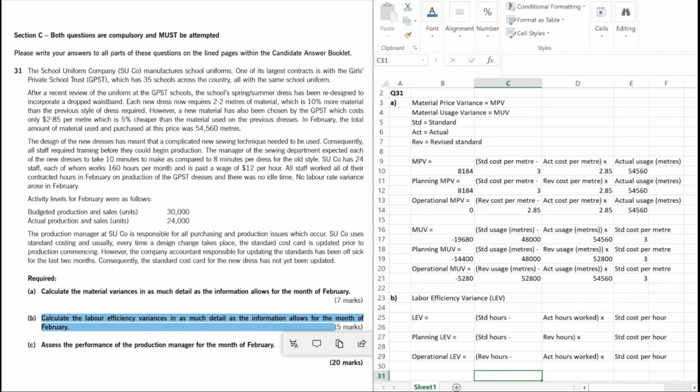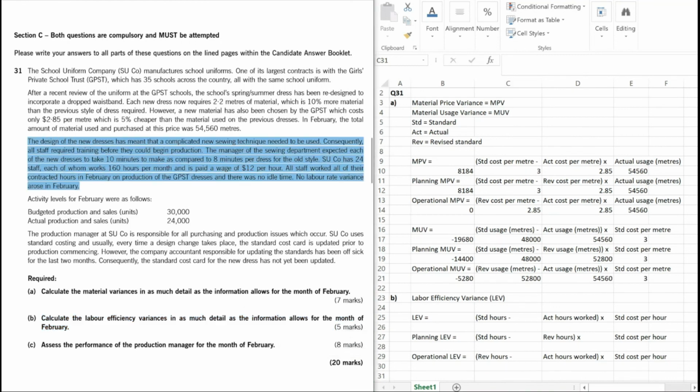Okay. So the third paragraph here contained the information about labor. So it says the dress has a complicated new sewing technique to be used. So all staff were required training before they could begin production. The manager of the sewing department expected each new dress to take 10 minutes, okay, as compared to the 8 minutes for the old style of dress.